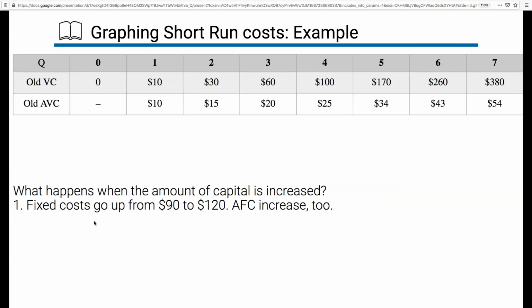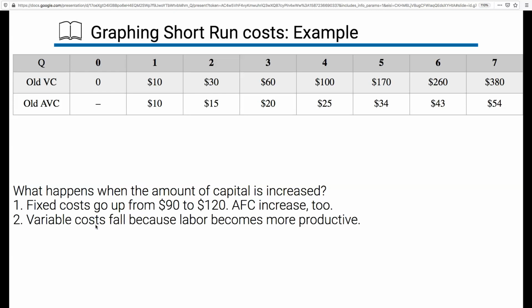The standard assumption about the variable cost is that once we increase the amount of capital, variable costs should fall because labor should become more productive. That means with, I don't know, a better computer, a larger factory, every unit of labor that you hire should get more productive.